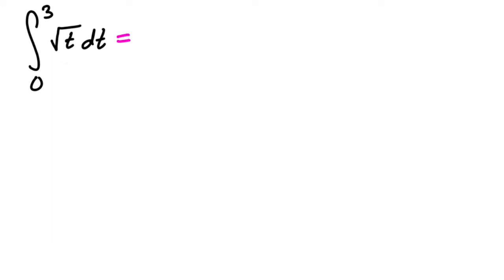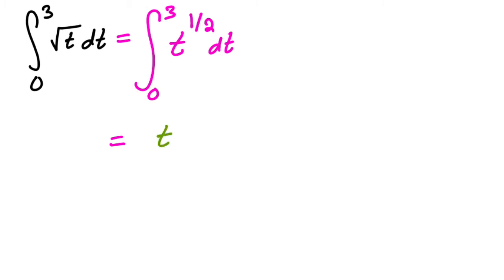Okay, so when we're trying to find the integral of roots, basically what we want to do is convert it into an exponent. So this is going to be t to the 1/2 dt, kind of like when we were getting derivatives. And then you just use the backwards power rule, just like normal. So we're going to have t to the 1/2 plus 1 is 3/2.